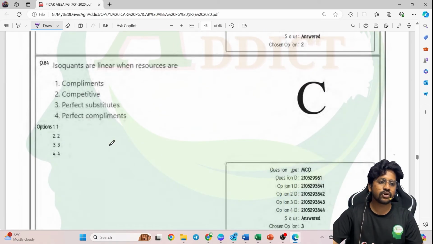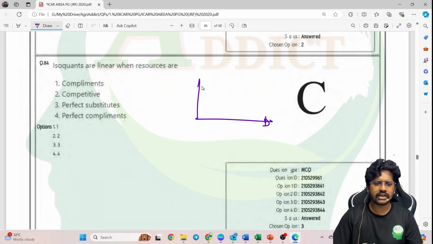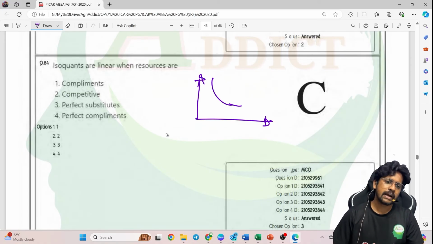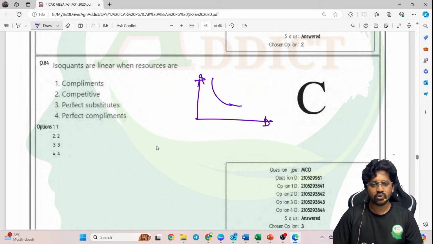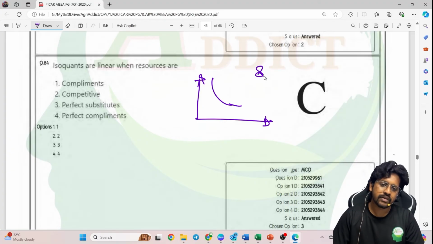Question number 84. Isoquants are linear when the resources are. Actually, the typical isoquant that we are studying is convex to the origin, right? But when the isoquants for the resources are linear, what happens?